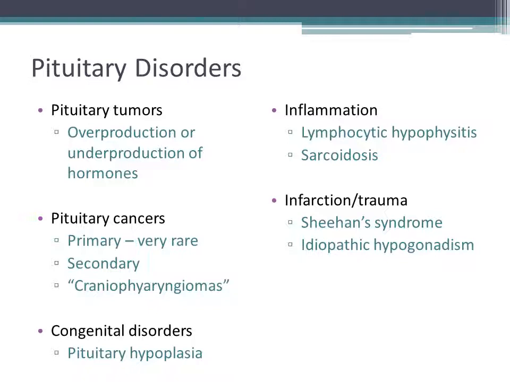But secondary pituitary cancers coming from different sites, like colorectal cancer or breast cancer metastasizing to the pituitary, are much more common than primary pituitary cancers. We just recently diagnosed a patient with metastatic thyroid cancer into the pituitary gland, which is a very rare event in the thyroid cancer world.